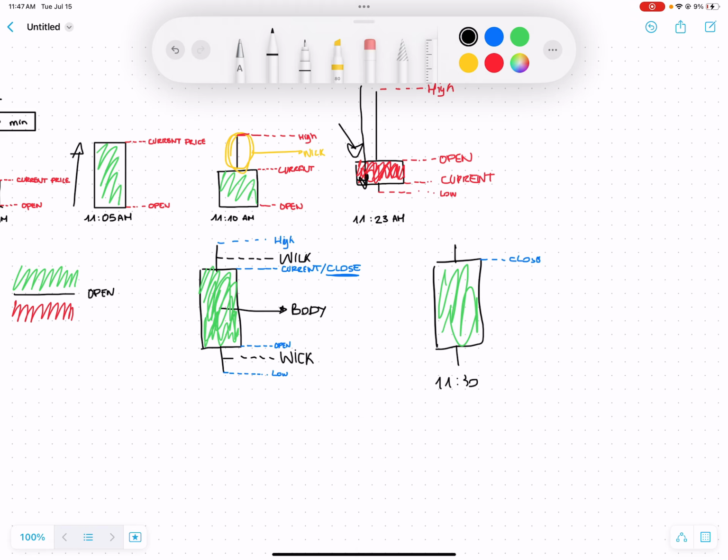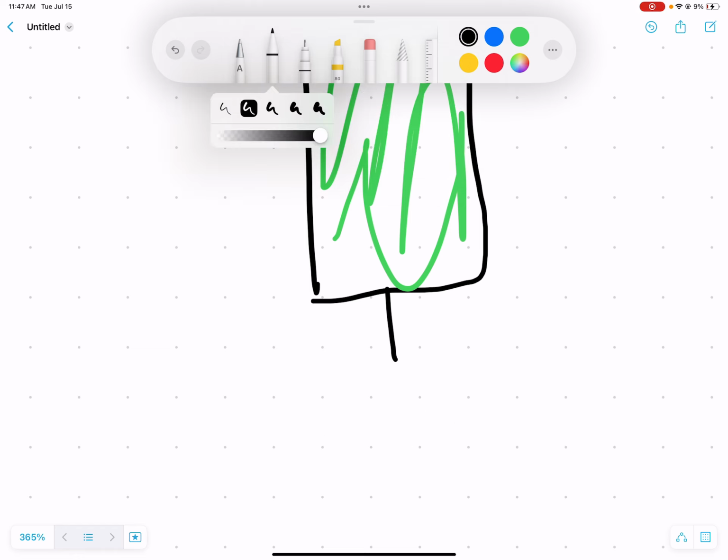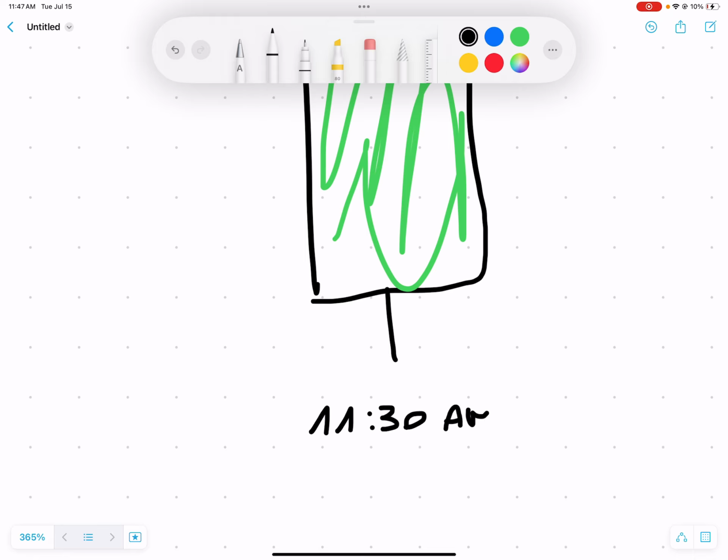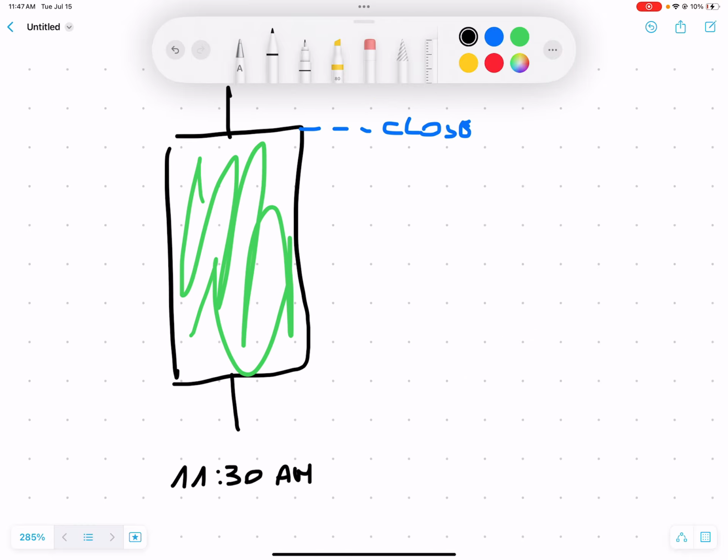Oh, why is it writing so badly whenever I'm zoomed out? So let's say it's 11:30 a.m., and this candlestick has been moving for 30 minutes.